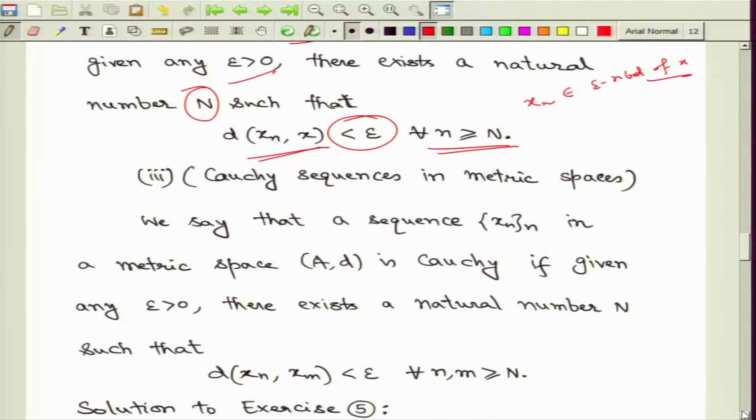And similar to the discussion that we performed in the real line, we can also talk about Cauchy sequences, but again using this new notion of distance.